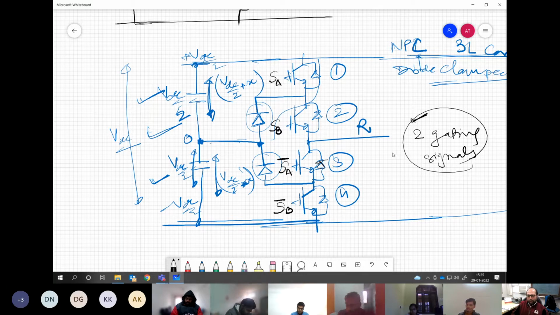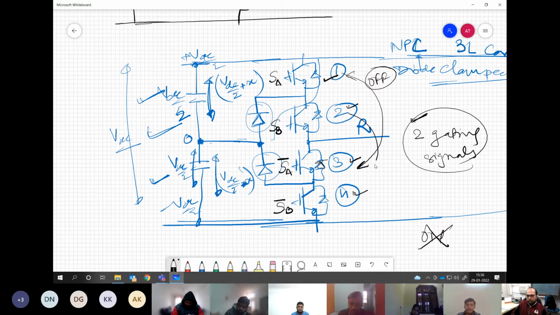So whenever A is on or 1 is on, 3 will be off. And whenever 2 is on, 4 will be off. These complementary switches can be off together, but they can never be on together. That is the condition. That is the bottom line. That is the meaning of complementary.